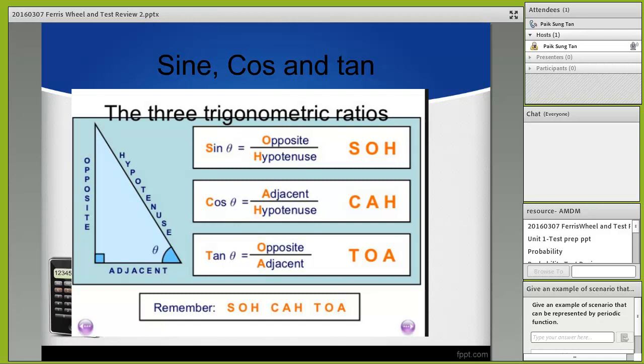Tangent of theta is opposite side over adjacent. In short, we have the saying SOH CAH TOA to help you remember the ratios of these three trigonometric ratios. Today, we are going to use cosine theta to help us solve our Ferris wheel questions.